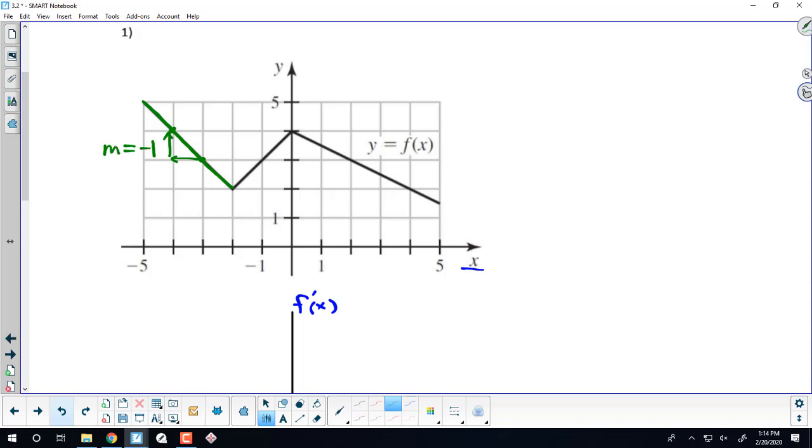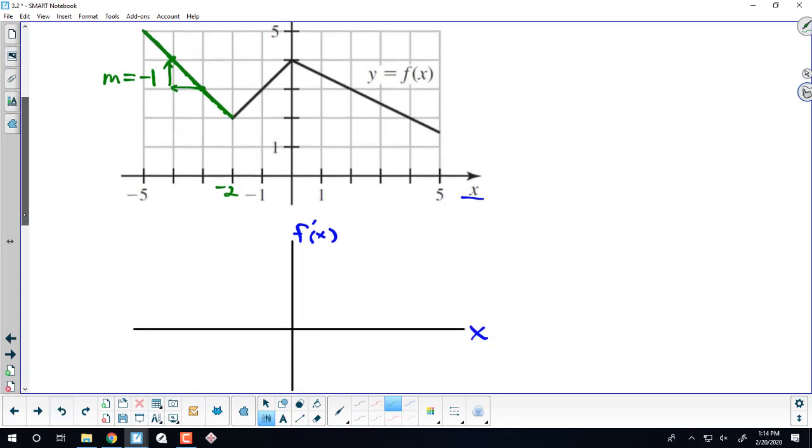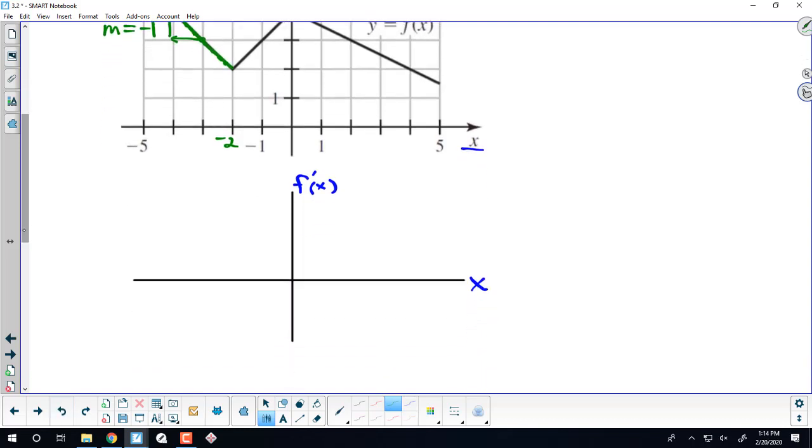So since the slope on that segment, let's label this x value, we're looking at -5 all the way to -2, is always -1, the output of the derivative will always be -1. No matter what x value we're at, the slope is always -1, and the derivative is always -1.